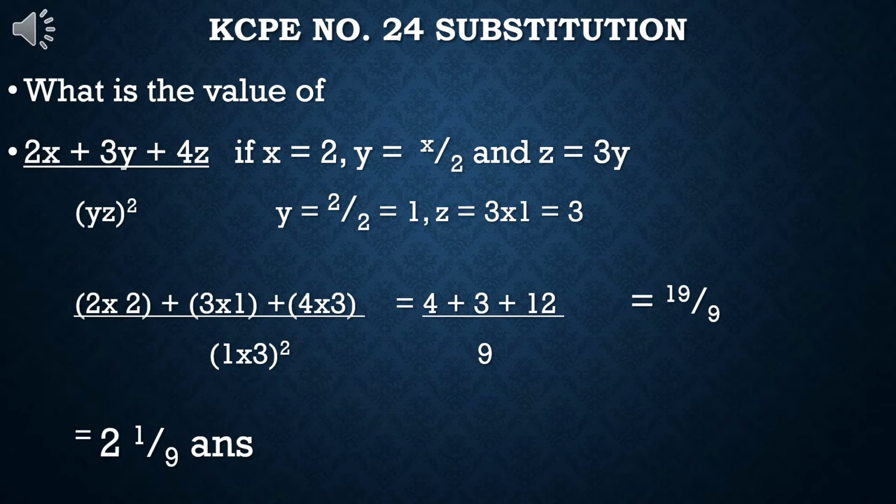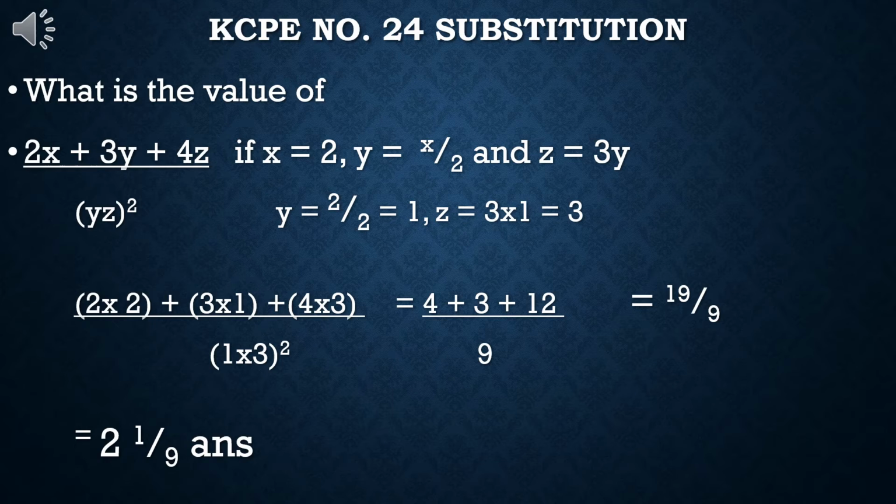We are only given the value of x directly. So y equals x over 2, and we know x is 2. So y will be 2 over 2, which is the same as 1. z is 3y, which means 3 times the value of y, which is 3 times 1, which is 3. So x is 2, y is 1, z is 3.